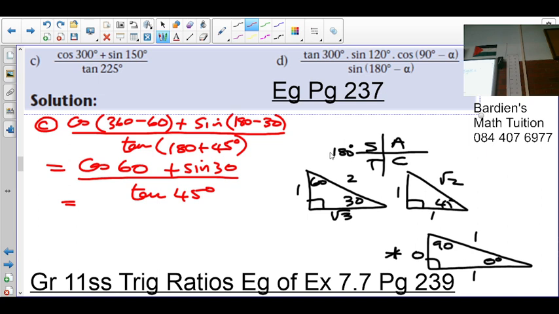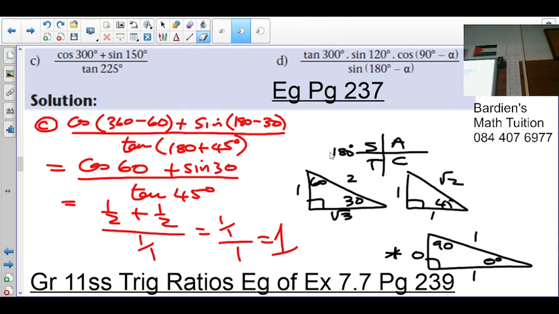So cos is half, sine is half, over 1 over 1. So it's 1 over 1 over 1, which is 1. The answer is 1. Any confusion? Still none. Okay? Let's look at the last one.